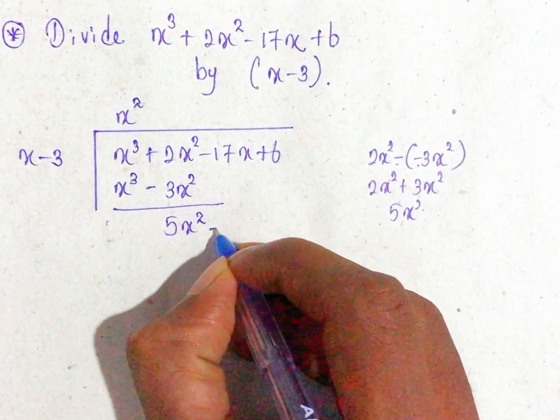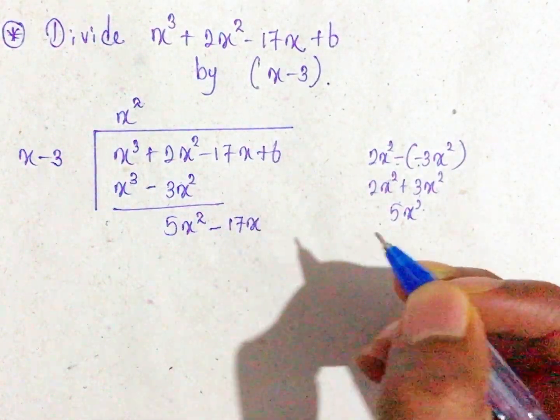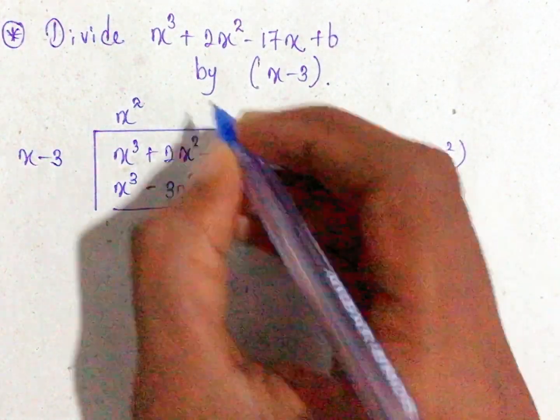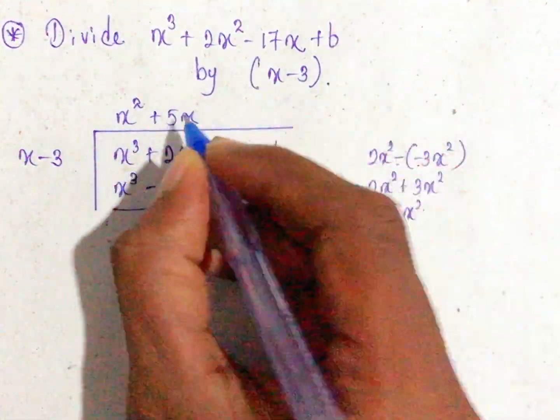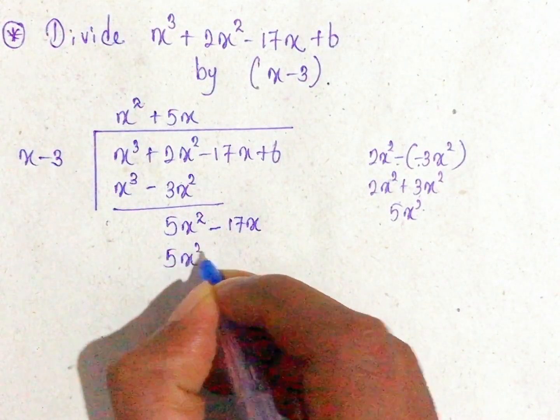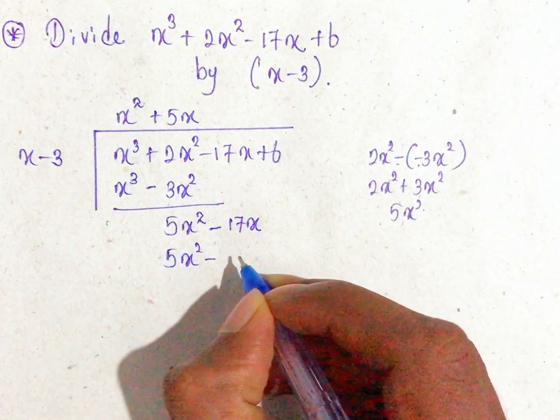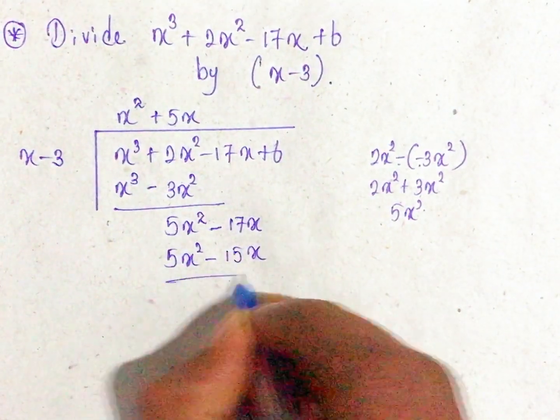Then minus 17x comes down, and you need to find the second term of the quotient related to 5x squared. Then you can put 5x. When you multiply it by the divisor, you get 5x squared minus 15x.